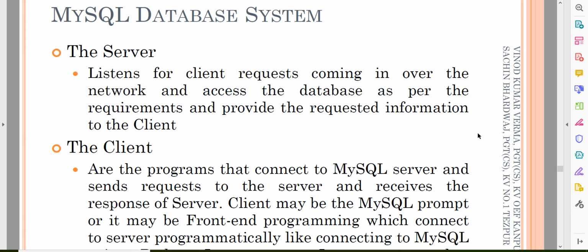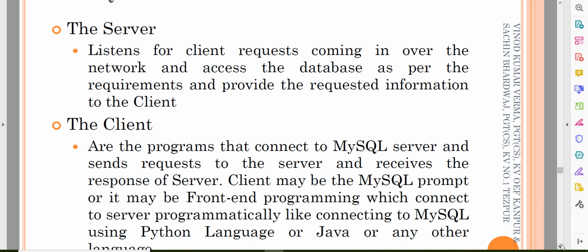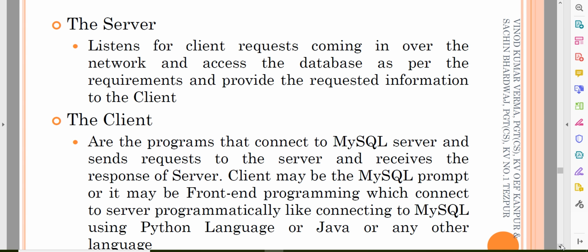Similarly, in SQL Management Studio we have server and client, so I just want to explain this one. So what is the server system? A server always has to serve the client request. That's it. Only one server will be there. Other systems can be clients only.